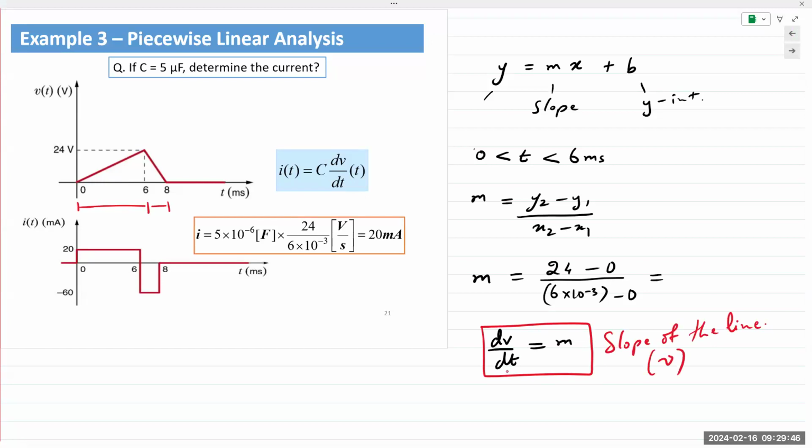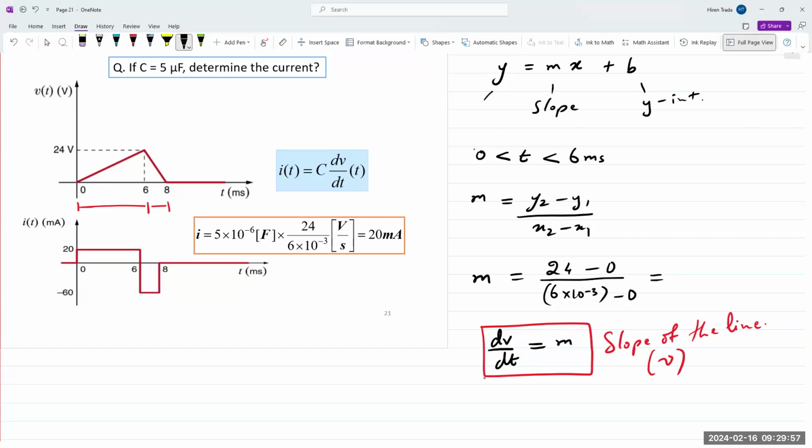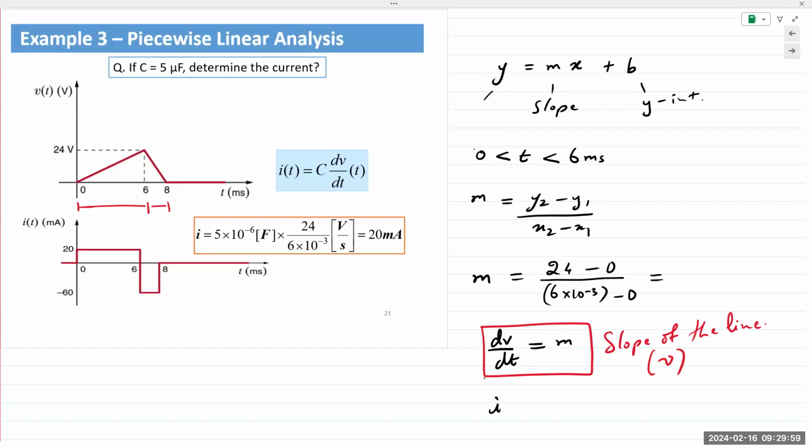And then all you do is multiply that slope with the capacitance, and you have your answer for the current for the first time period. So I, or IC, is simply C times dV over dt, or C times m.